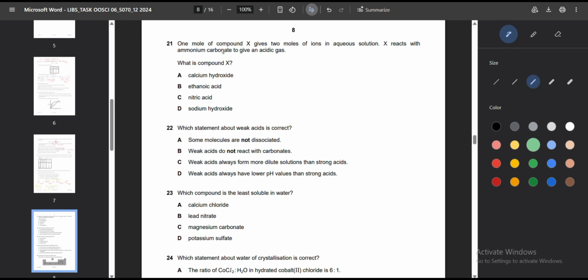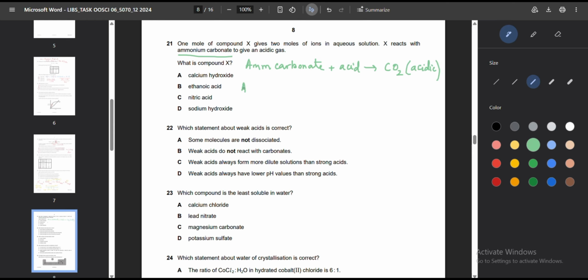so our reactant is ammonium carbonate. When ammonium carbonate reacts with an acid, always carbon dioxide gas is given out. Now this carbon dioxide gas is acidic in nature.